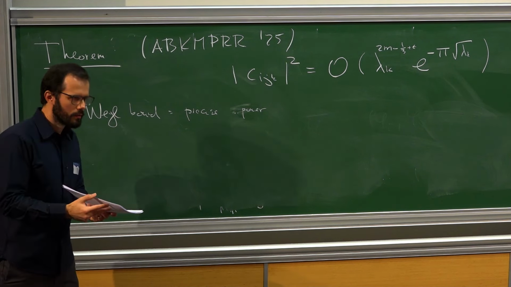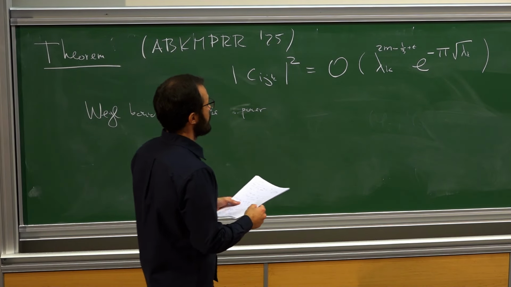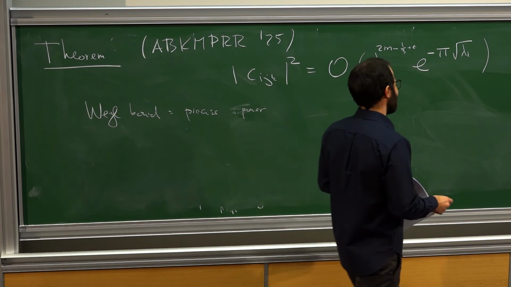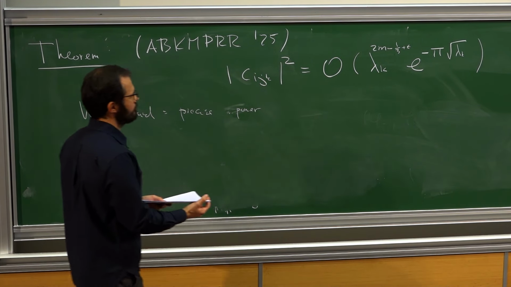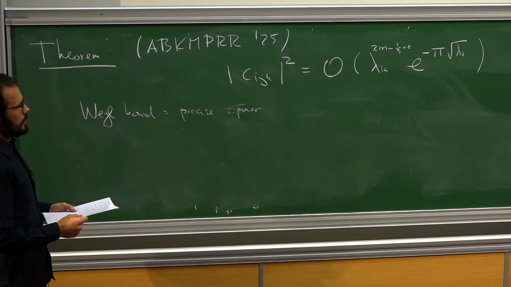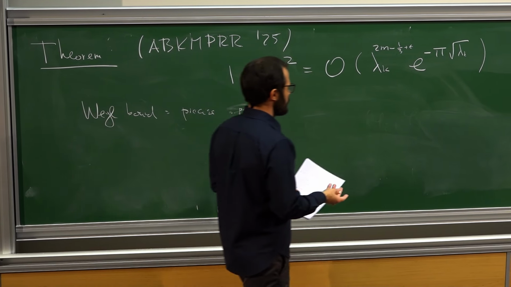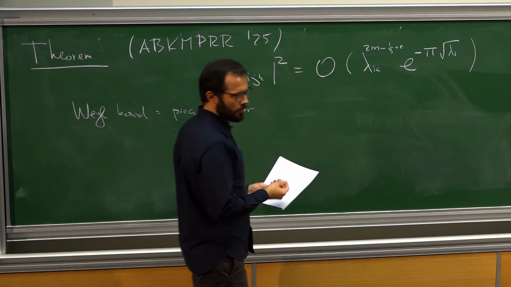Can you motivate the exponent of e to the minus pi? Because if you motivated this exponential behavior from the real analytic, in that case it comes from the nearest singularity in the complex plane. So what does it mean in case of a surface? I'm not quite sure, but I think this pi is very much related to the surface being hyperbolic.